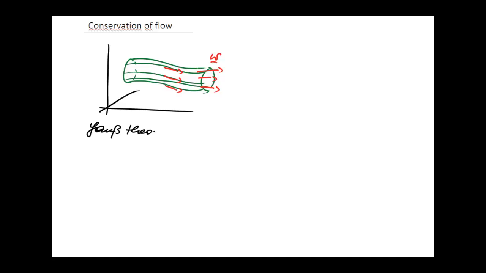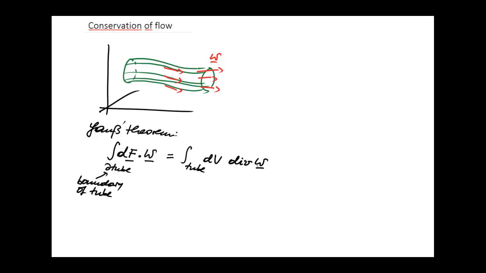Then the theorem of Gauss says that when we take the surface integral of a vector field W over a closed surface, and as the closed surface we choose the boundary of the tube, then by the Gauss theorem, this is equal to the volume integral over the interior of the tube of the divergence of W, but the divergence we just showed to be equal to 0.